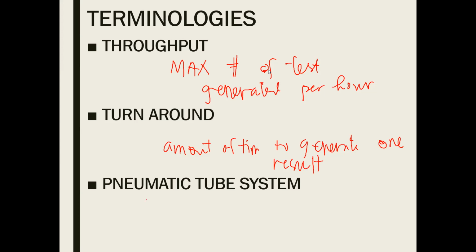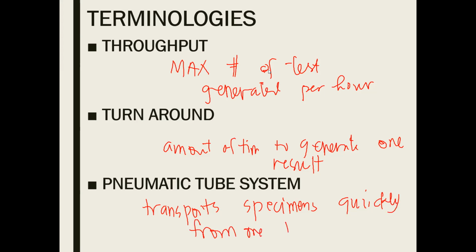Pneumatic tube system transports specimen quickly from one location to another. Again, kapag po sinabi nating throughput, the maximum number of tests generated per hour, and turnaround, amount of time to generate one result, and we said pneumatic tube system transports specimens quickly from one location to another.